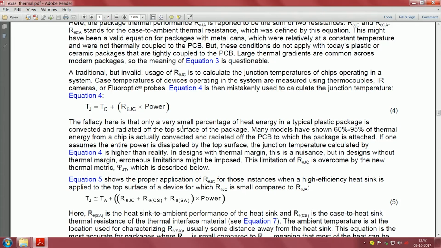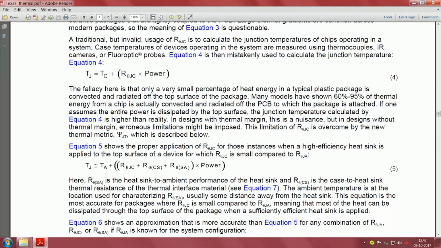The fallacy here is that only a very small percentage of heat energy in a typical plastic package is convected and radiated off the chip surface. Many models have shown 60% to 90% is convected and radiated off the PCB to which the package is attached. So in the case of aircraft and such applications, if you have a large PCB like this, you have a lot of components mounted occasionally on both sides.